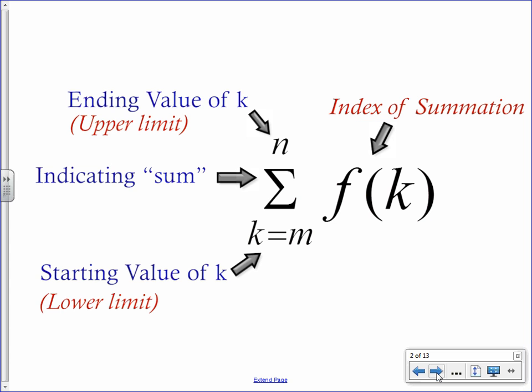So, this is telling us that we're taking a sum. This is the lower limit telling us we start plugging in m to k, and we plug in values to k until we get to n, our upper limit. This is called our index. This is what we're plugging things into.